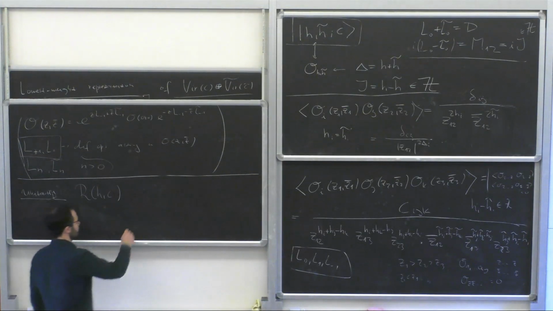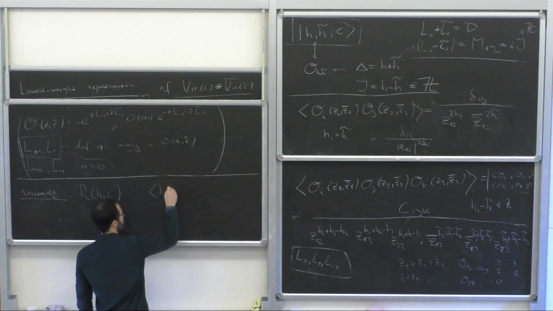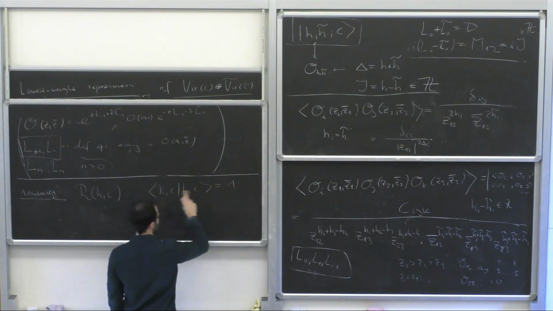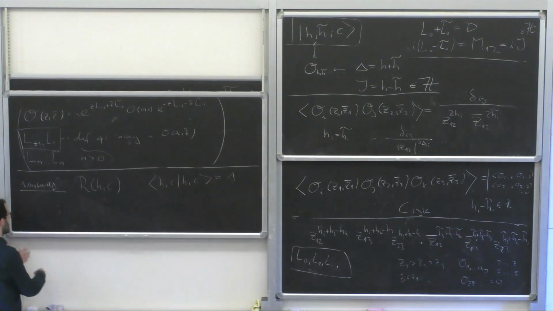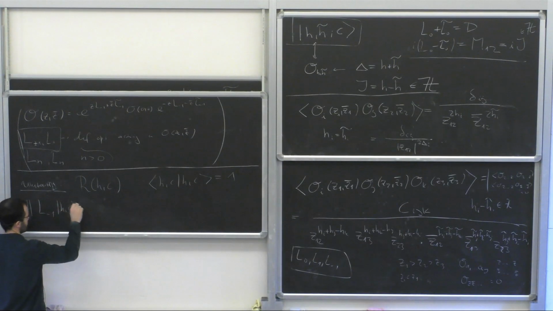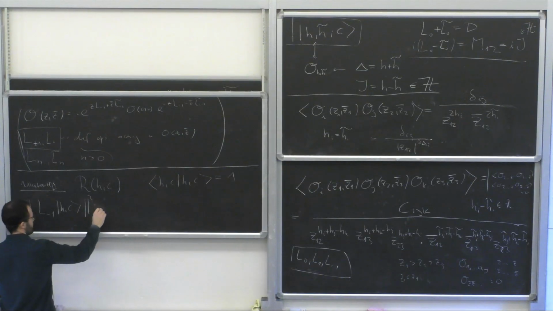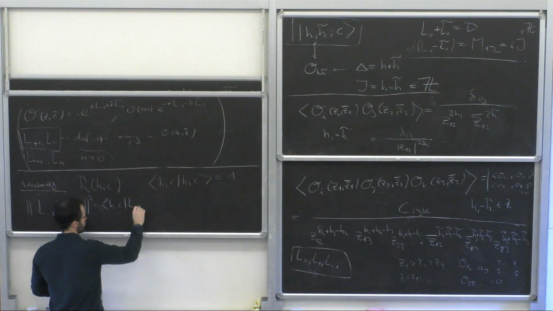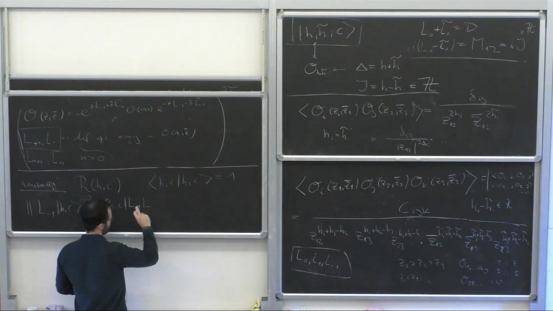Well, we can normalize it so that the primary has norm 1. Now we can start computing the matrix of inner products. So let's compute the norm of the level 1 descendant. We use hermiticity: L minus 1 conjugate is L1.